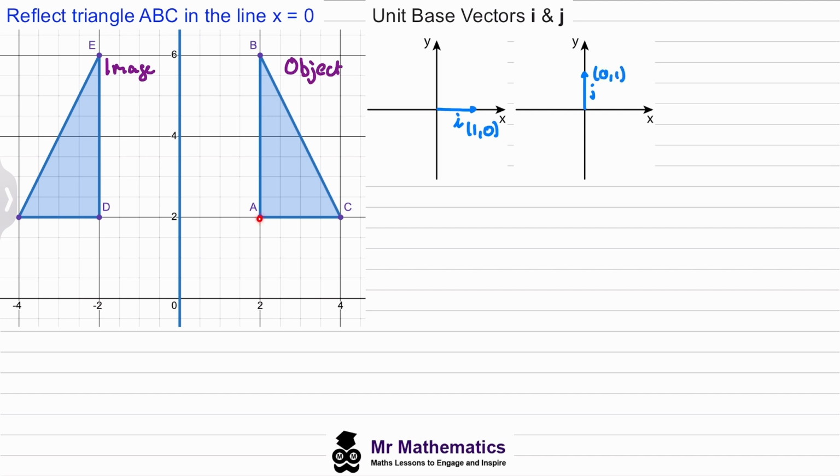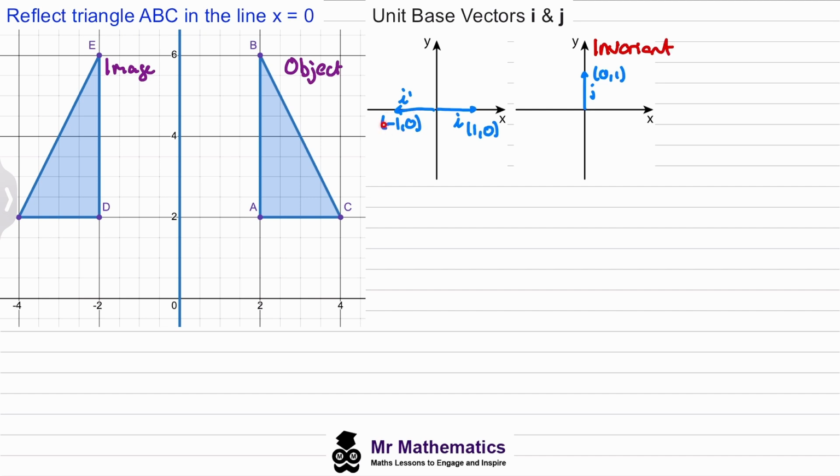So rather than reflecting each of these vertices, what we'll do is reflect i and j in the y-axis. So when we reflect i, the transformed coordinates become -1, 0. We'll call this i dash. And when we reflect j in the y-axis, this point becomes invariant. And this means it is transformed onto itself.